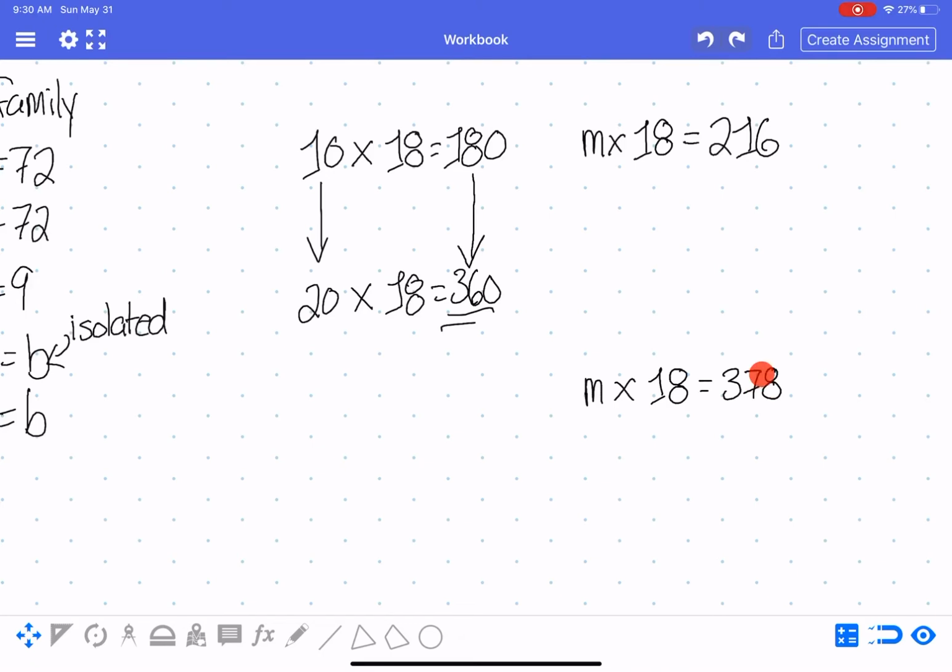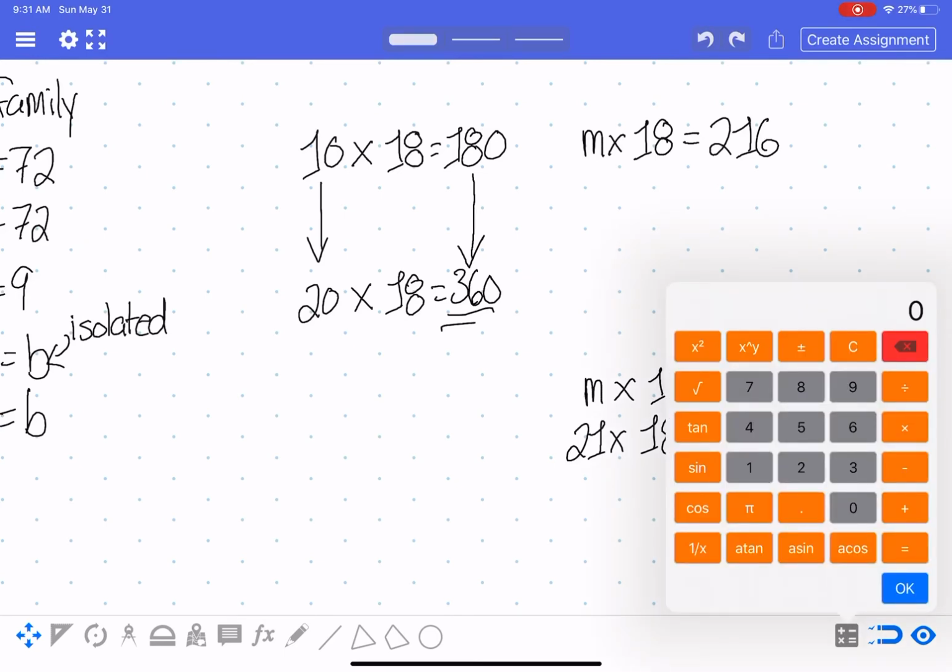Now, if you look at 378 and you look at 360, the reason why it's easier is because if you subtract the two, you'll get 18. So what does that tell you? Well, basically it means that the answer is close to 20 times 18, right? So if we try maybe 21 times 18, we would get the answer, right?